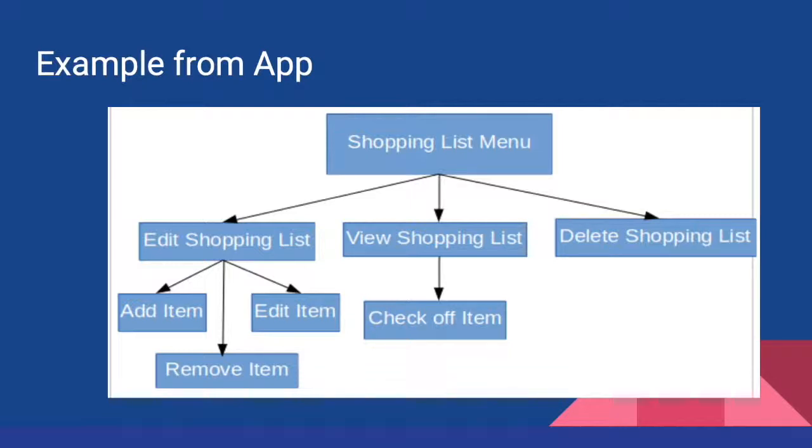It might even give a confirmation to the user. The next one, we also had the menu would bring up View Shopping List. View Shopping List would allow the user to go shopping and possibly check off items as they are shopping. Finally, we have the Edit Shopping List module, and that module would allow the user to add items to the shopping list, remove items from the shopping list, and edit items from the shopping list.